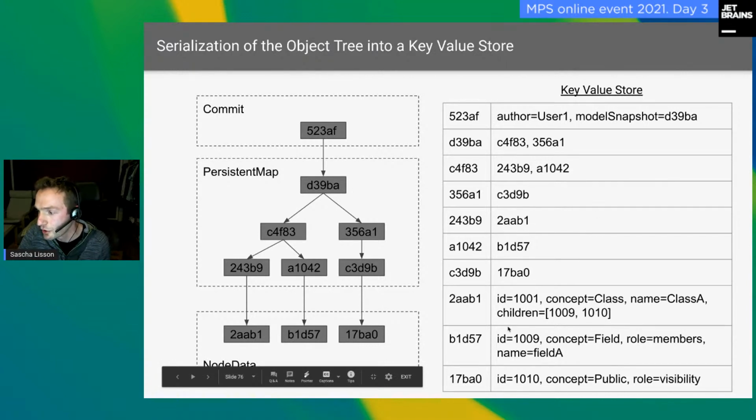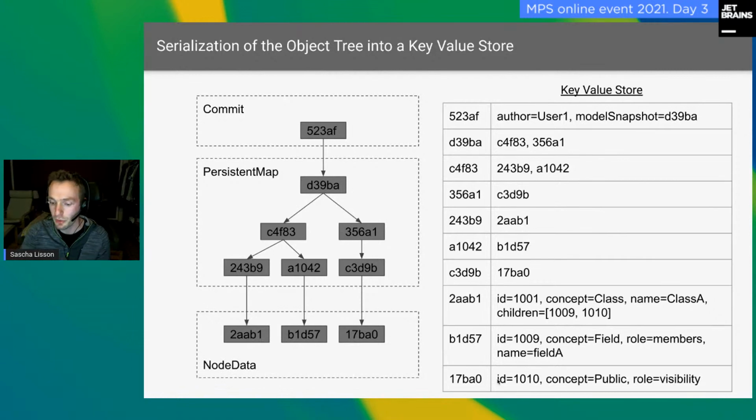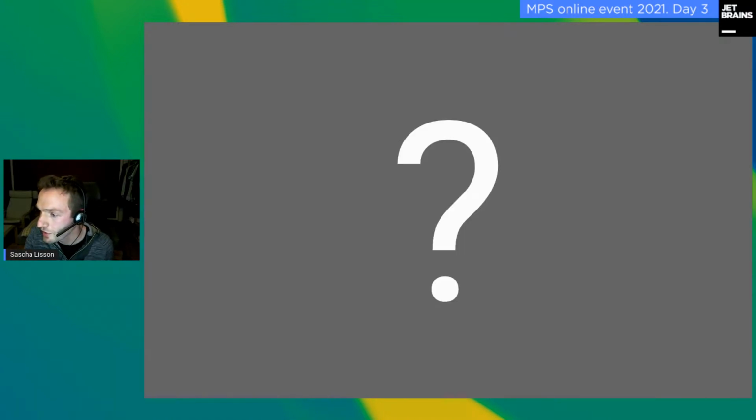Our key value store looks similar to the object store in Git, just that we don't store files, but we store individual nodes so that we can commit changes on nodes, and we can do a diff on the model, and it will give us not what file changed, but what nodes have changed. We can efficiently make a diff on the model and get all the changed nodes. And I think that was the last slide.